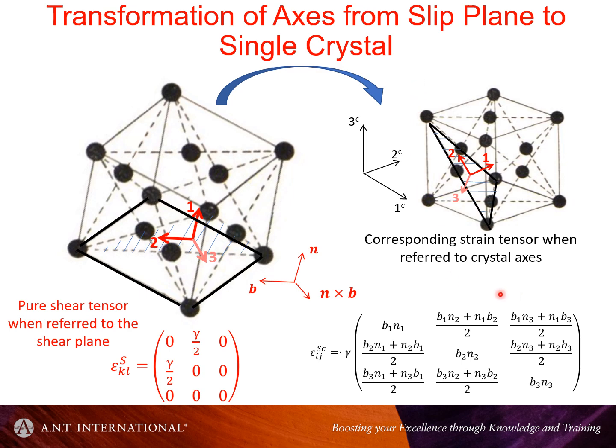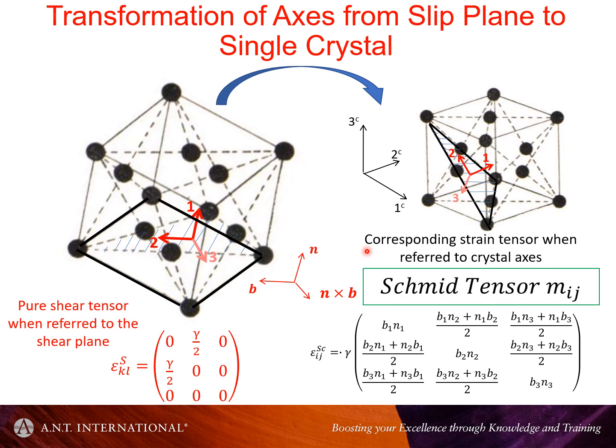And when you do that, you end up transforming this strain tensor by these factors, where b1, b2, b3 and n1, n2, n3 are the projections of the unit vectors defined by b and n on this slip system in the single crystal axis system. This is what's known as a Schmid tensor.